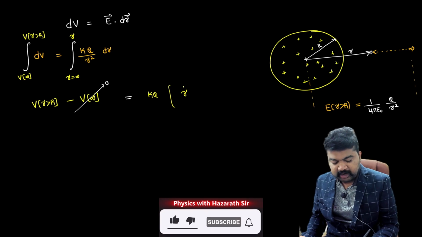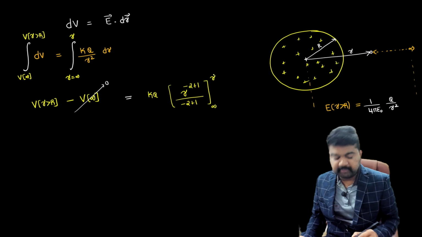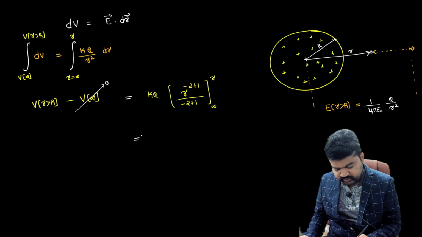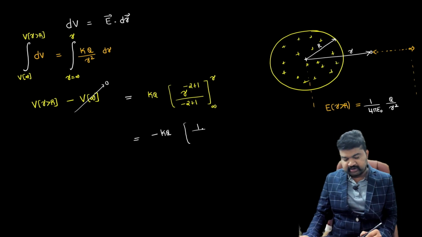Integration of r power minus 2 plus 1 by minus 2 plus 1, with the boundary conditions from infinity to r. Then KQ into, taking the minus out, we will get 1 by r.